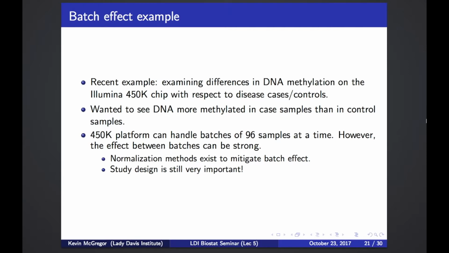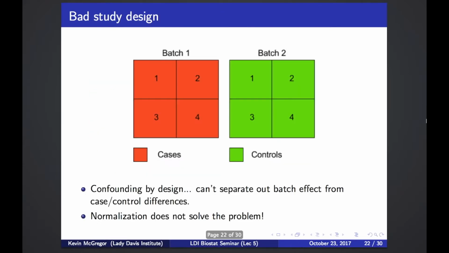Say you take all the samples from one batch and push everybody up a little bit, and push everybody down in another batch, so that all the distributions line up as they should. But if you don't have a good study design, then you're basically stuck. The normalization isn't going to do anything for you.